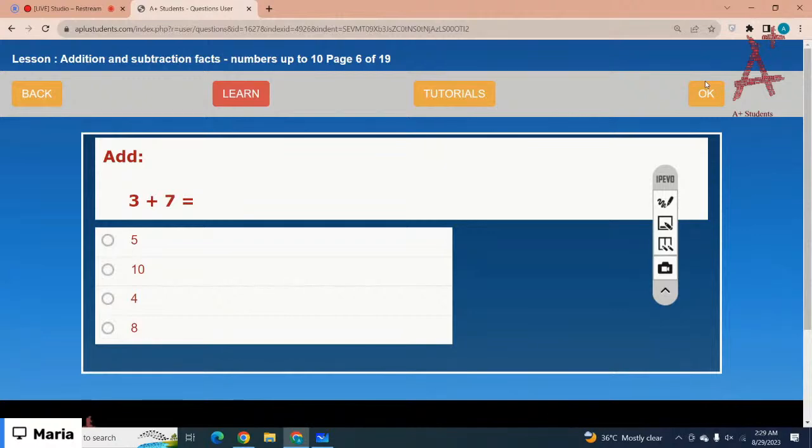So 7 plus 3 equals 10. You have to start with 7 and go forward 3 numbers, right? So it would be 10.